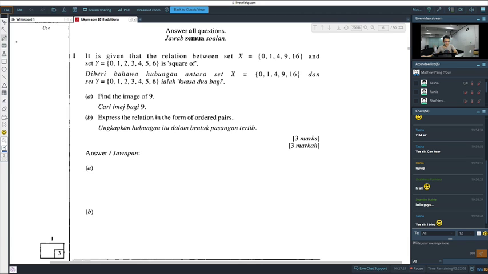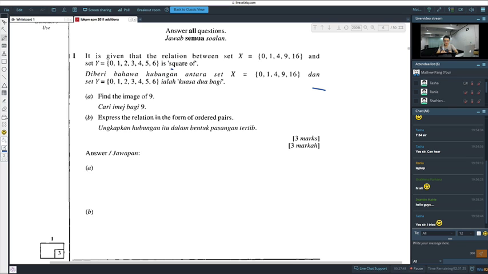Okay, so for the first question, given that the relation between the set X, which is 0, 1, 4, 9, 16, and the set Y, which is 0, 1, 2, 3, 4, is "square of". Alright, so basically for this kind of question, first you have to understand what the question is trying to say.